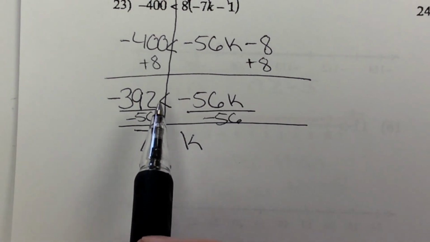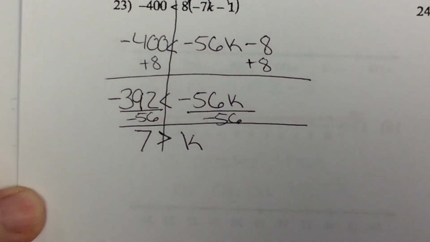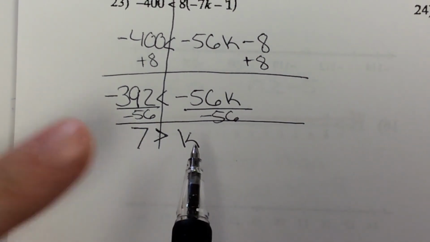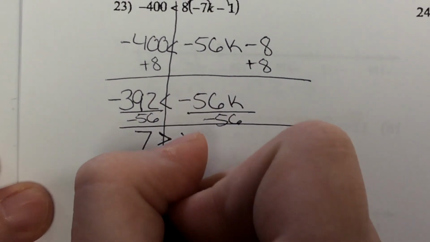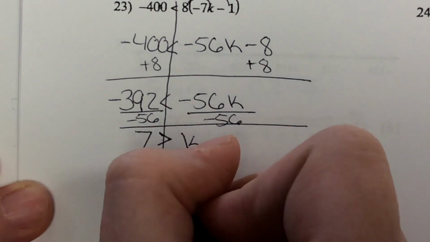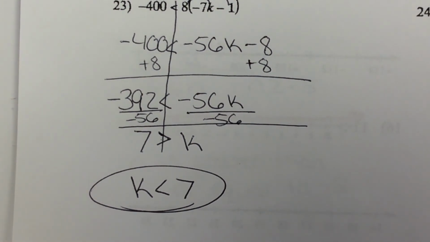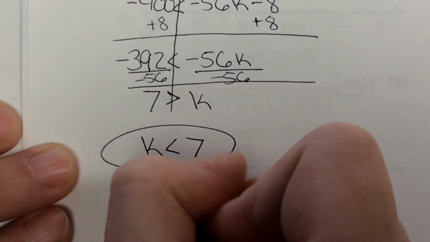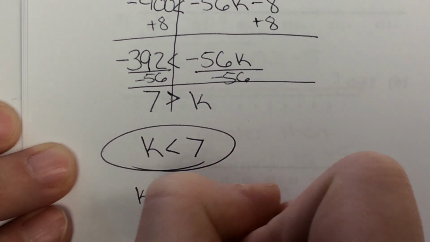So remember what that means about this sign? It needs to flip. So let's point it this way. Okay. Now we need to talk about moving this variable and this constant. Okay, we want the variable first. So k is going to be less than, see how it's pointed at k? Less than 7. So let's rewrite that as a sentence. K is less than 7.